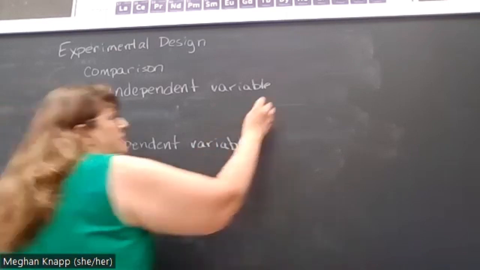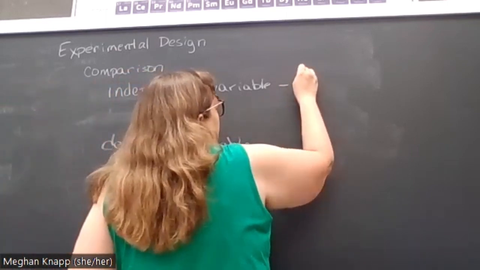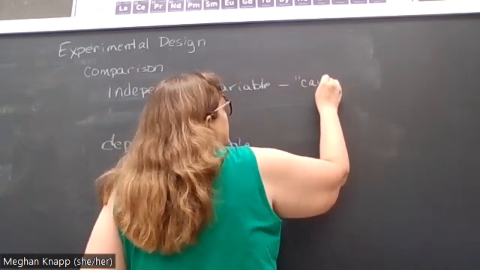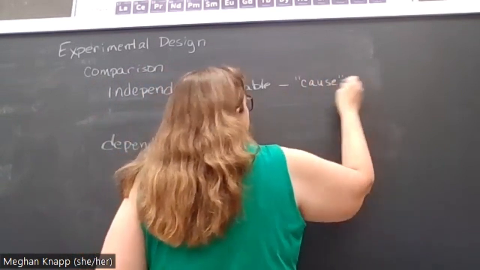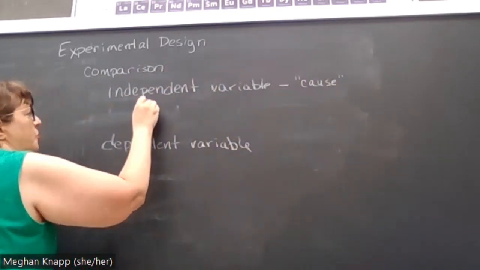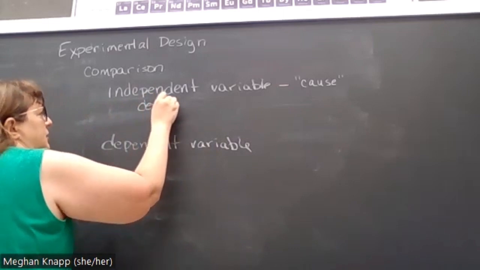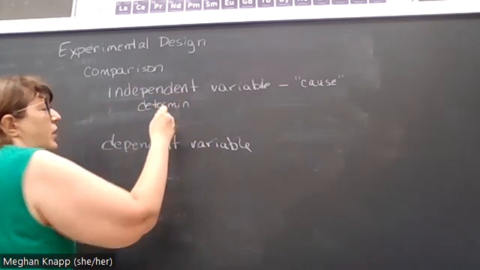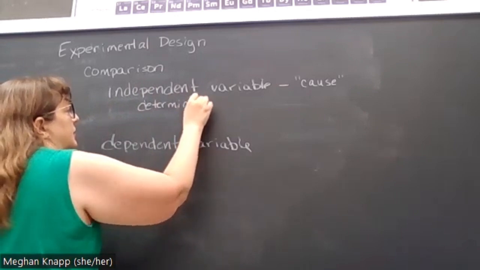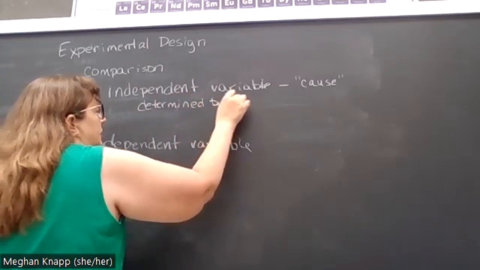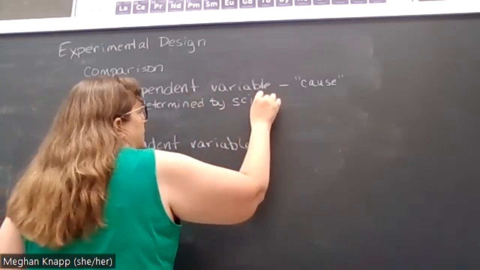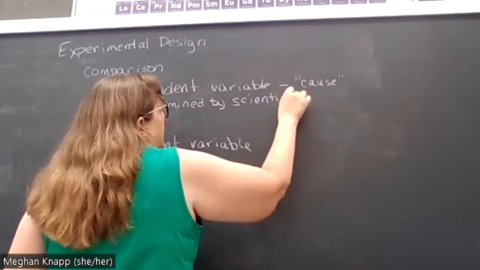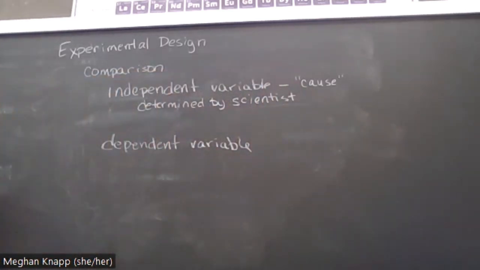So the independent variable is generally our cause. And this is what is determined by the scientist. This is what I'm examining. So in the case of a medication, my independent variable is whether or not I give you this medicine.